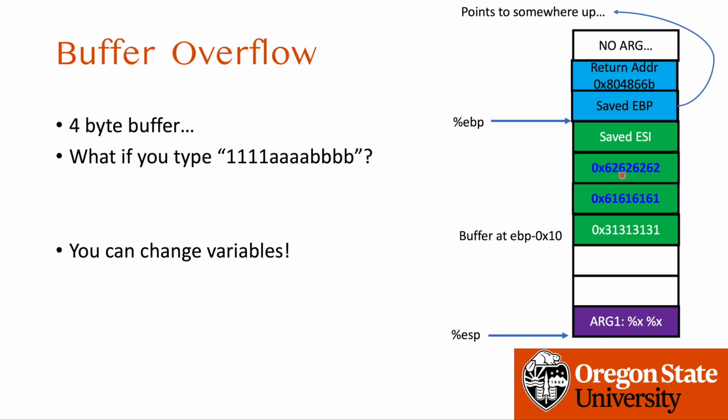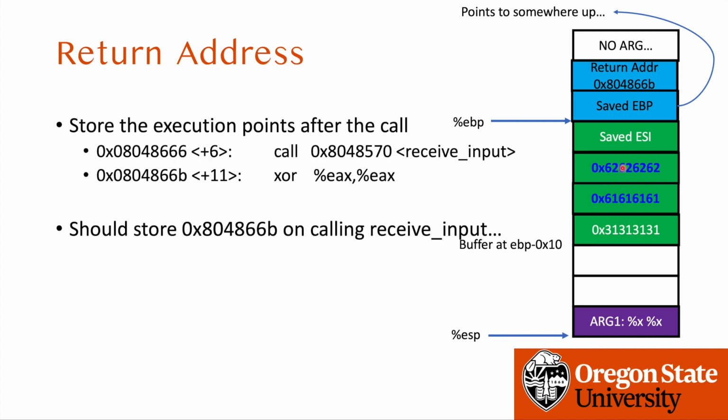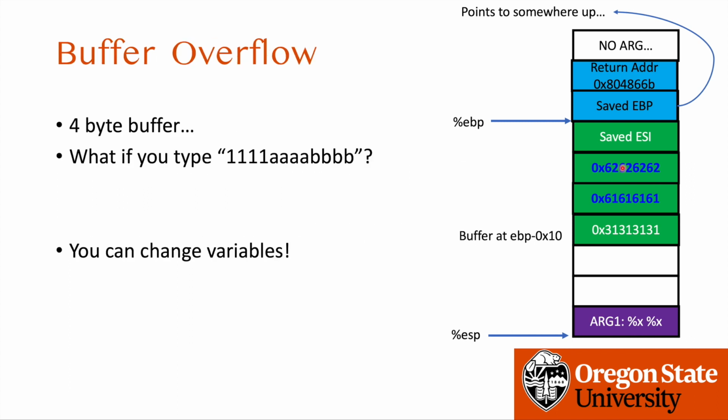So basically, by overflowing the buffer here, you can change the values of the other local variables. And not just that, you can also change the saved EBP, the saved ESI, and even the return address. So if you put longer values into the buffer, you can overwrite up to this point and more.